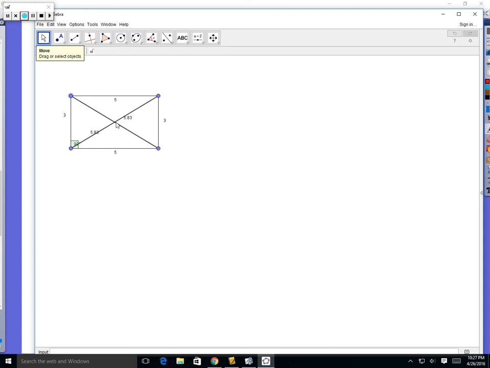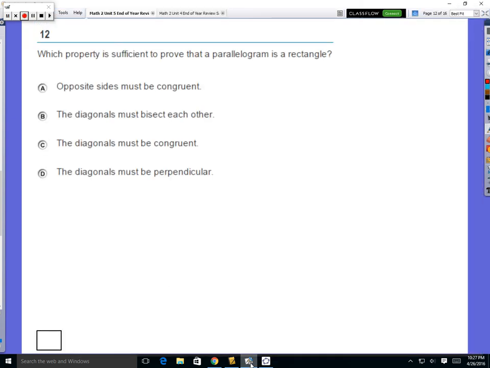Right at the center, your diagonals will be congruent when it is parked at 90. When you start stretching it away from 90, they're going to change. This one right now is 7 and change, and this one is 4 and change, so this one's longer. But when you park it right at 90, your diagonals are congruent. So, diagonals are congruent. That's going to be C.